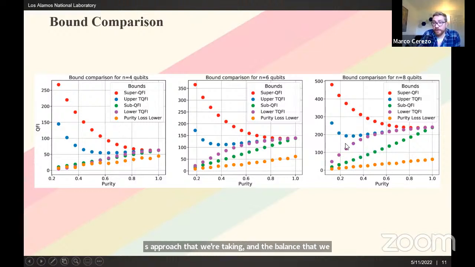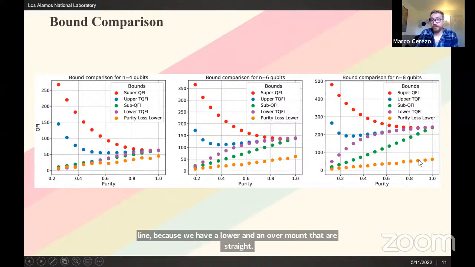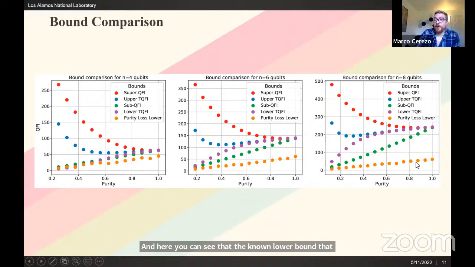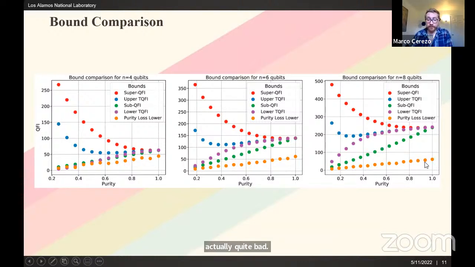For instance, here we know that the quantum Fisher information lies somewhere between this purple and blue line because we have a lower and an upper bound that are strict. And here you can see that the known lower bound that people were using in the literature to train over is actually quite bad. So optimizing this doesn't give you a guarantee that you have an actual good quantum state.